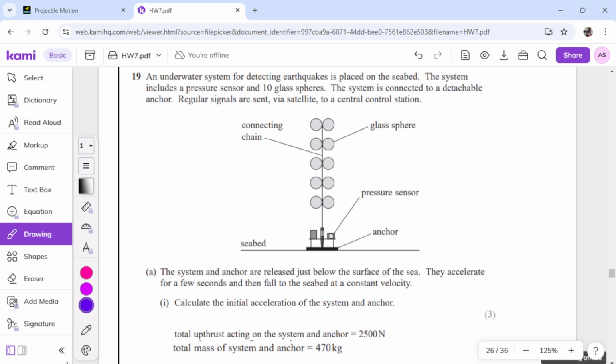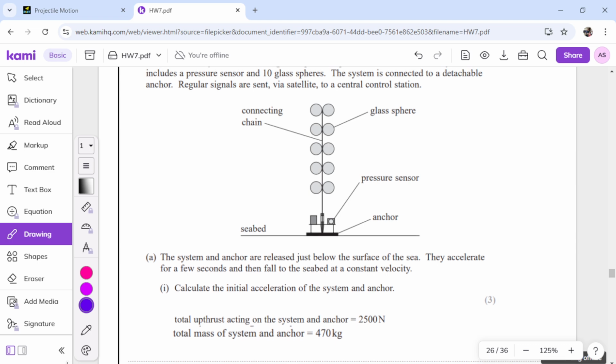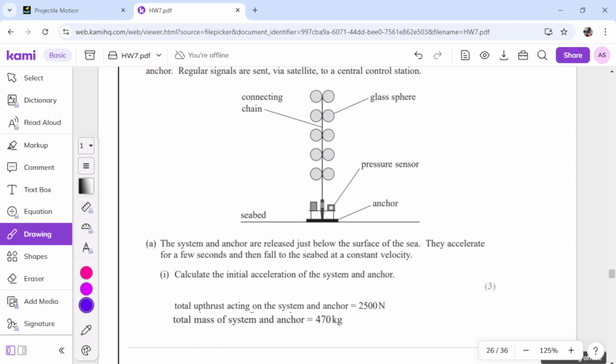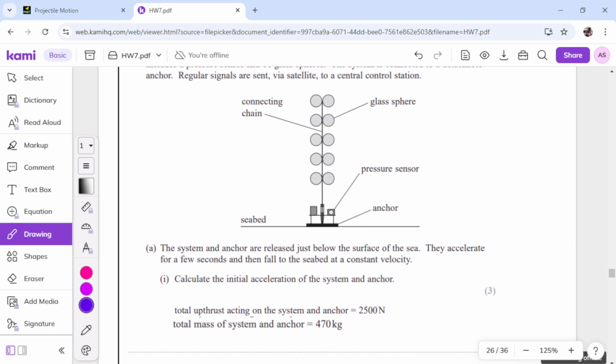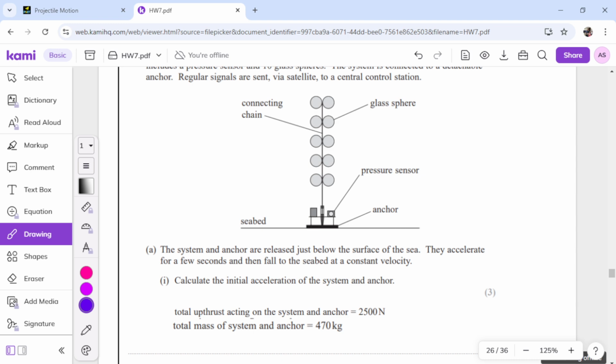An underwater system for detecting earthquakes is placed on the seabed. The system includes a pressure sensor and 10 glass spheres. The system is connected to a data hub and anchor. Regular signals are sent via satellite to a central control station.